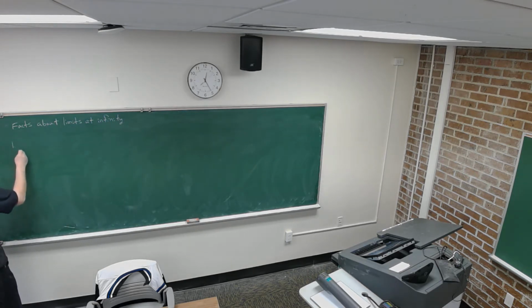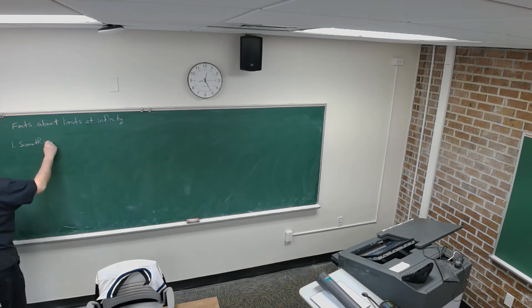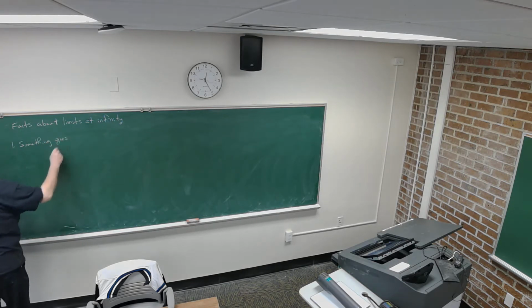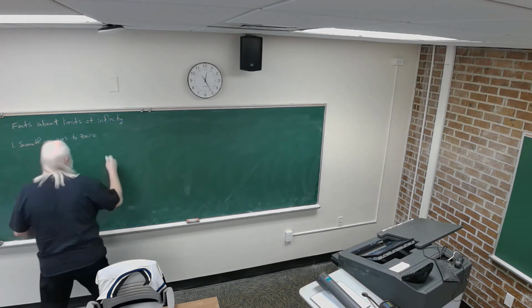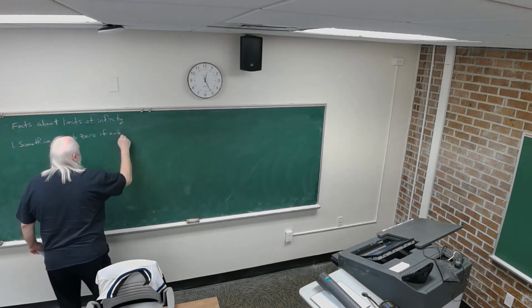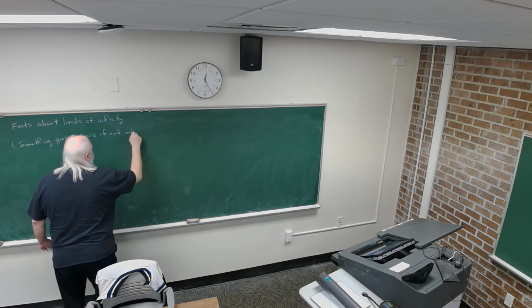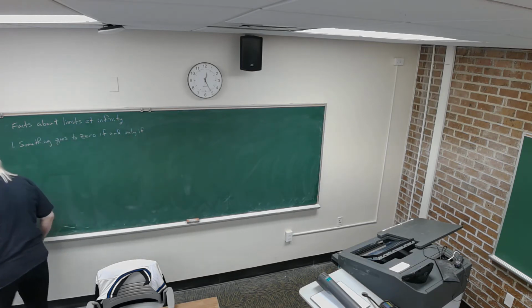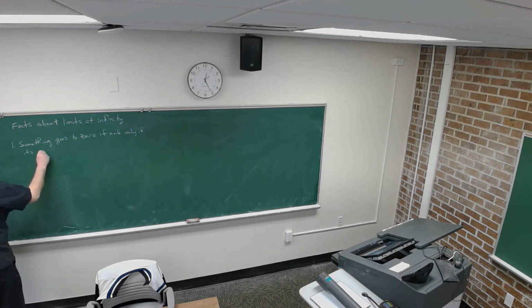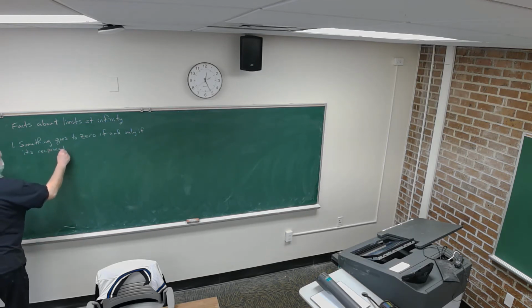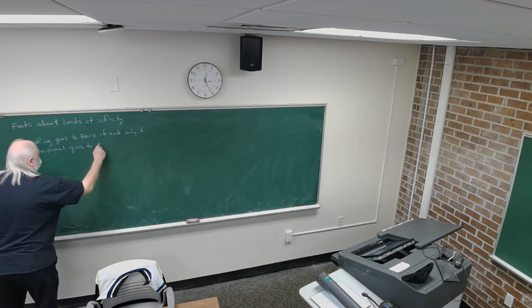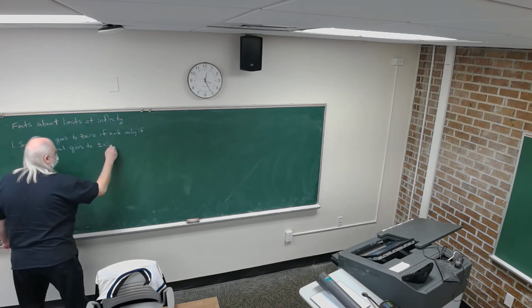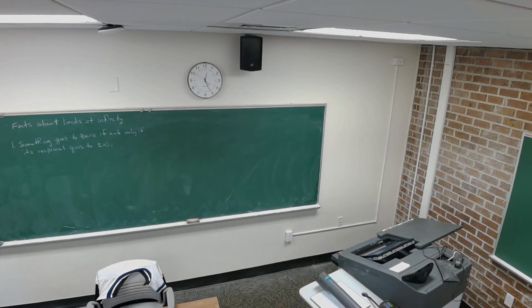Number one, something goes to 0 if and only if its reciprocal goes to plus or minus infinity. Okay. Doesn't have to go to both. It can be just one or the other. Okay.